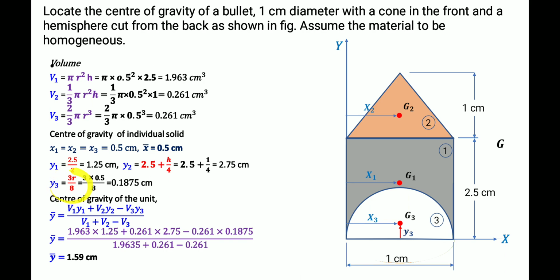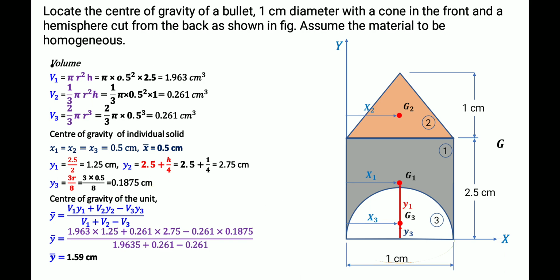We have to remember that. This is not a circle; if it is a circle, a two-dimensional object, it is 4r by 3 pi. But it is not a circle, it is a solid. So here y3 is given as 3r by 8. We multiply 3 into radius 0.5 by 8, and we will get 0.1875.